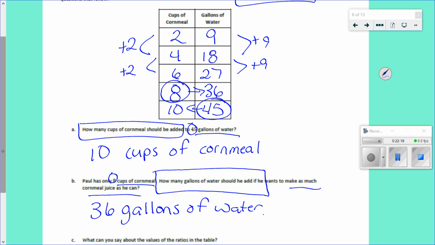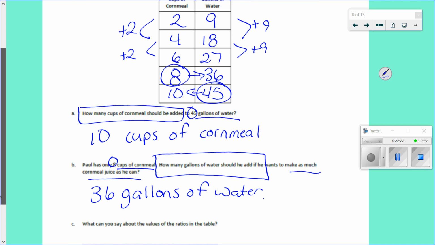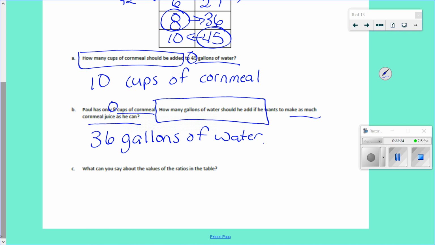So when it asks you, what can you say about the values of the ratios in the table, what can we say? They are all equal to 2 to 9. But what is that word I'm thinking of that we've used a lot this year? Kind of. Somebody said it over here. Who was it? Equivalent. They are all equivalent to 2 to 9.